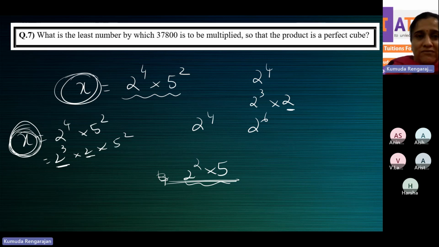When you multiply x by 20, you get a new number. That new number is a perfect cube. That's what the question is. This number x cannot become a perfect cube.